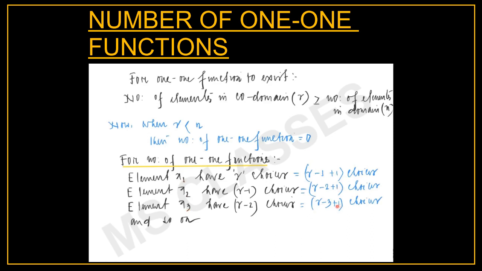So when we go like this to element xn, it has R minus n plus 1 choices.